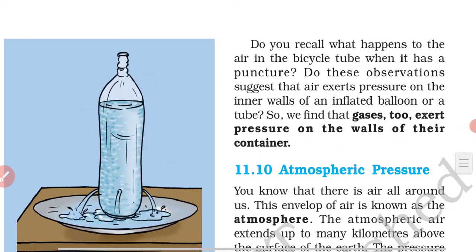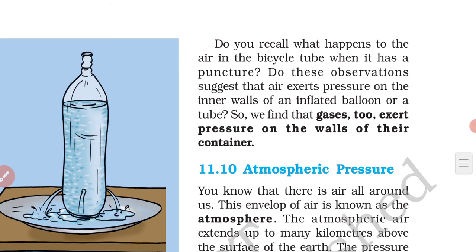Do you recall what happens to the air in the bicycle tube when it has a puncture? So do these observations suggest that air exerts pressure on the inner walls of an inflated balloon or a tube? Yes, air or say gases exert pressure on the walls of their container ultimately.